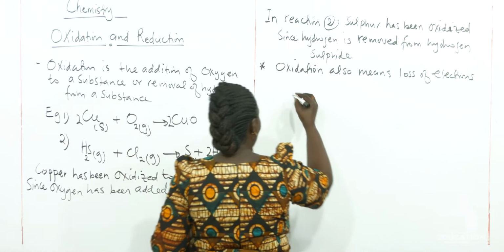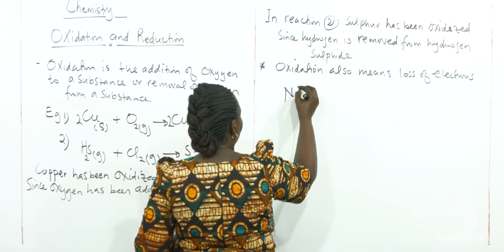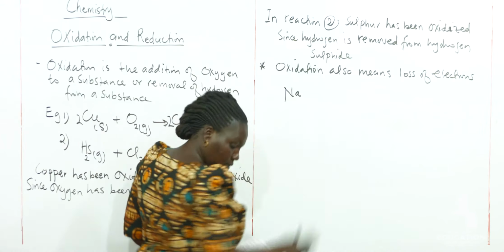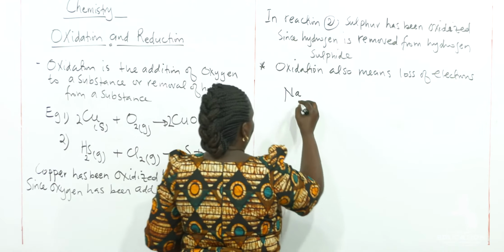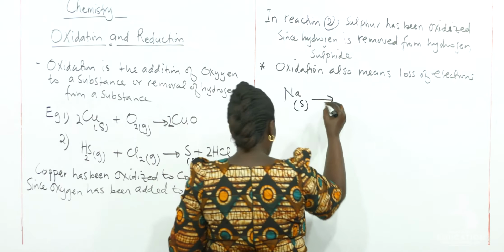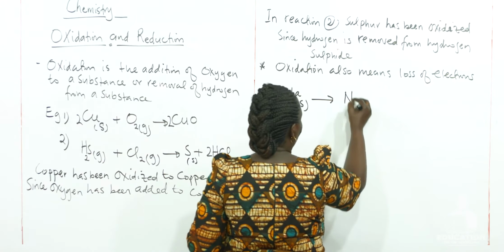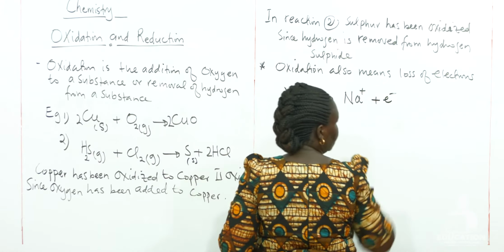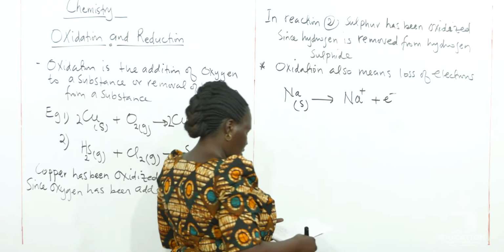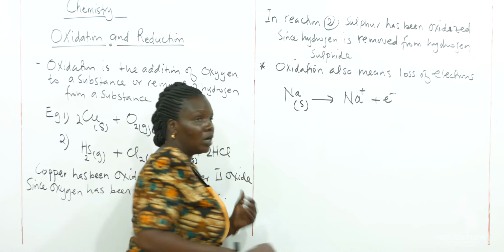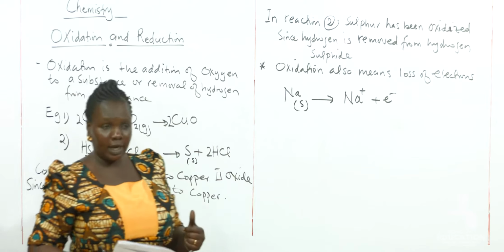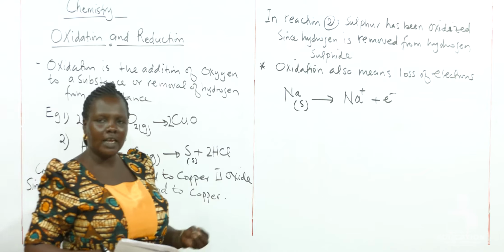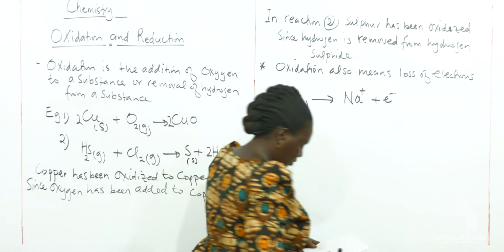For example, we have sodium metal in solid form that can lose electrons to become sodium ions plus the electrons that are lost. We know that metallic elements react by losing electrons. So once they lose electrons, they become oxidized.